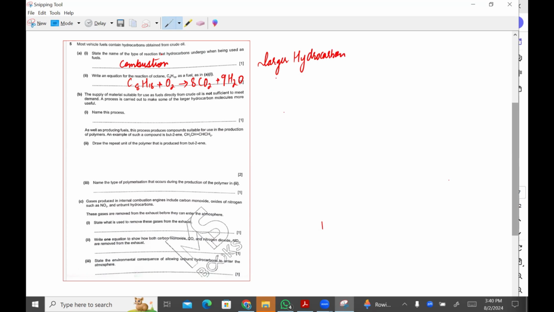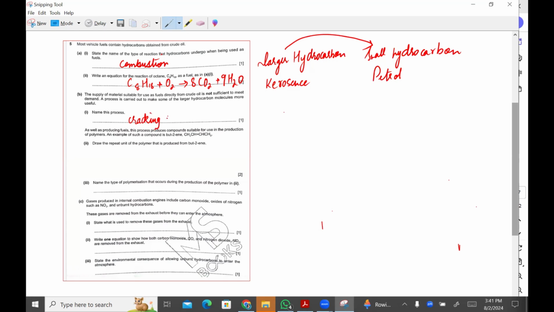Kerosene, for example, has less use as compared to petrol, which is a small hydrocarbon. So what is going to happen? There is a process which converts large hydrocarbons to small hydrocarbons. That process is called, yes, cracking.